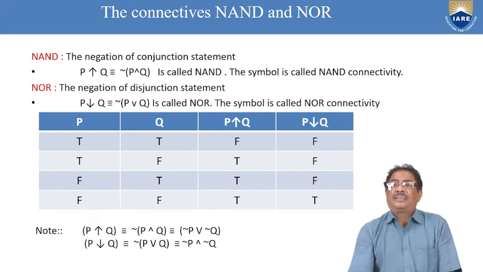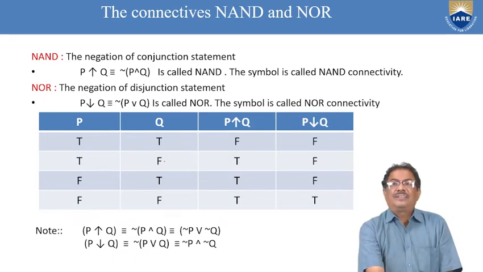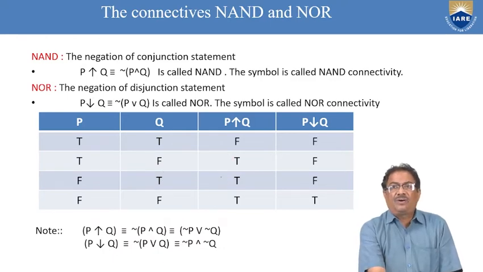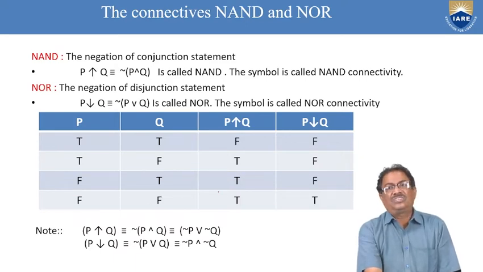One is NAND, another is NOR. So P and Q, for that negation we took. Here P and Q is true and its negation is false. True and false is false, its negation is true. False and true is false, its negation is true. False and false is false, its negation is true.